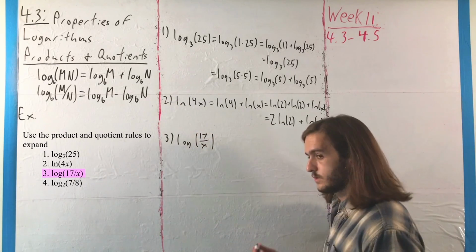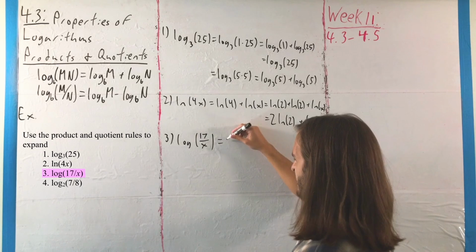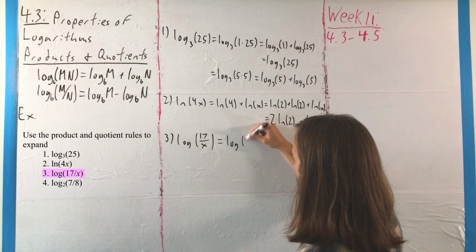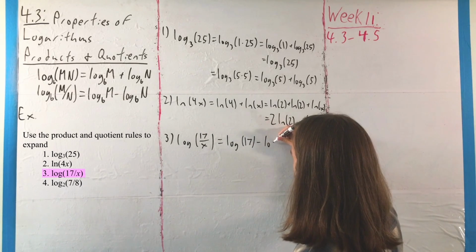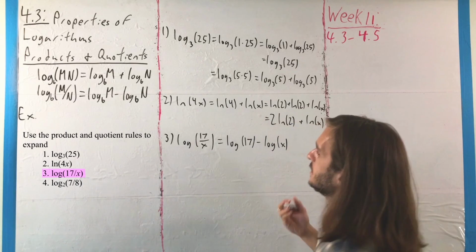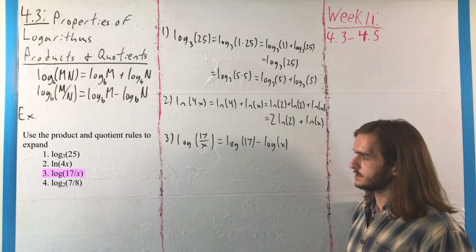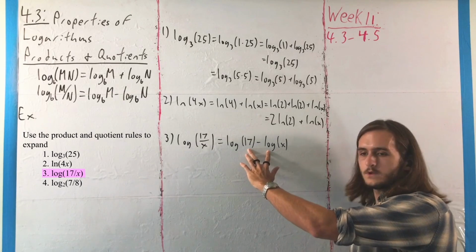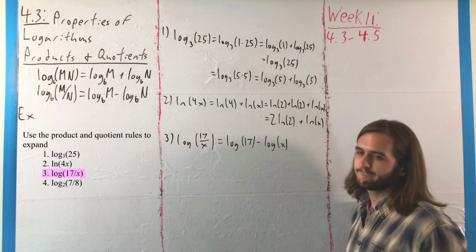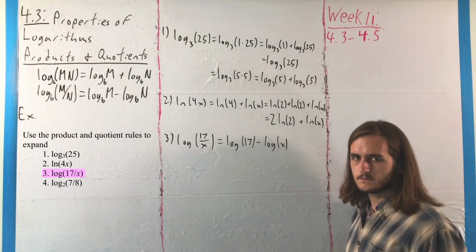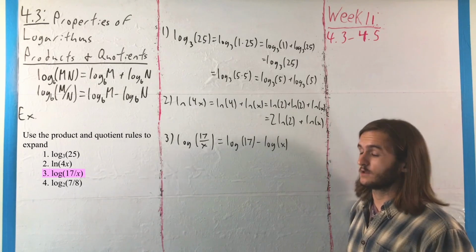So we're going to use that quotient rule there and just split it apart. Log 17 minus log of x, where again, we're playing the game. If you divide two things of the same base, you can write that as a difference of the exponents. That's what this does. It's just identifying the exponents in particular.